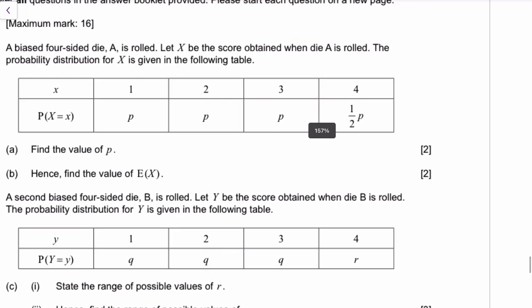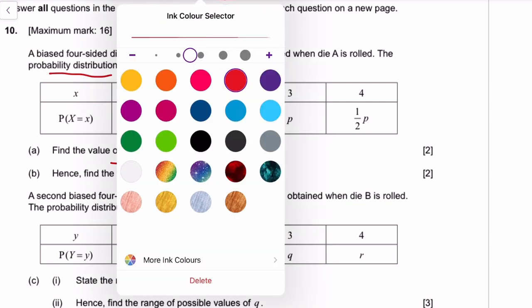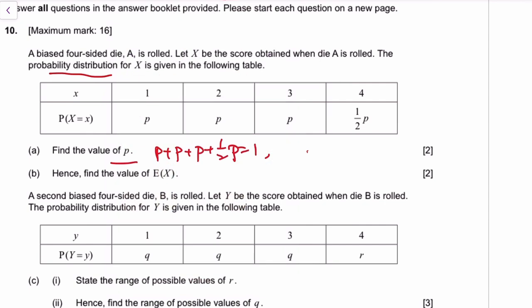Alright, but the beginning of the question is super easy. You probably don't even need to read what's going on. You have a distribution, what's P, so all we know is the total probability have to be 1 for any distribution. So obviously P plus P plus P plus half P have to be 1. And that would mean 7 over 2P is 1.